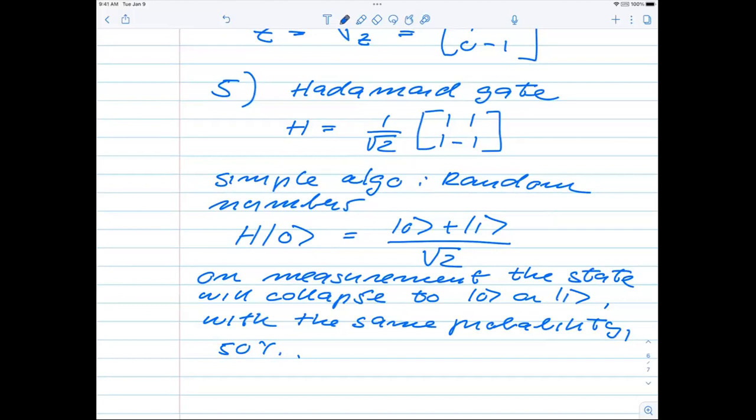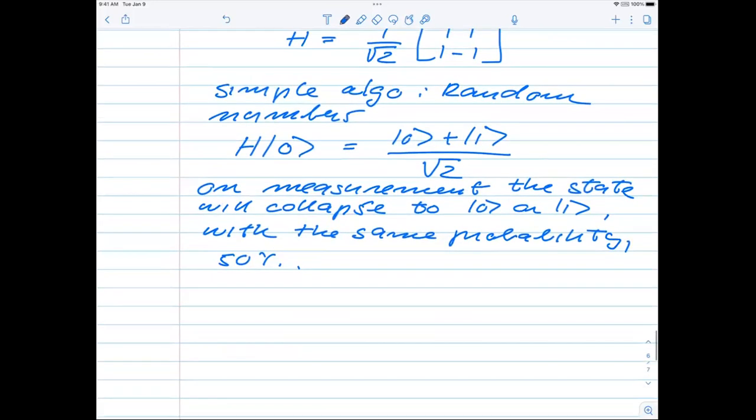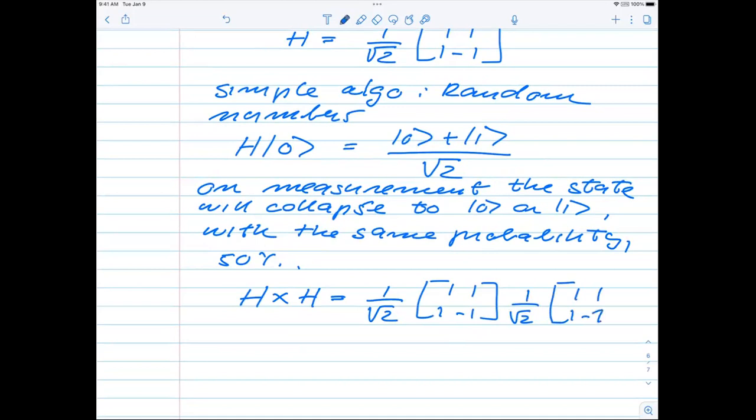If we look at the Hadamard gate, so if we take this gate H and multiply it with itself, it's easy to see that we have 1 over square root of 2 times the matrix 1, 1, 1, minus 1. Let me just write this better. And then multiply with 1 over square root of 2 and again the matrix 1, 1, 1, minus 1.